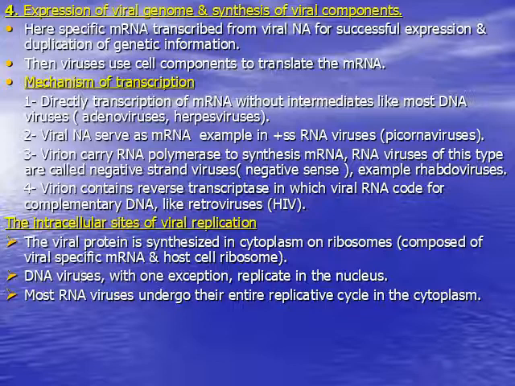Here, the nucleic acid of the virus is positive sense, that is to say it's 5 prime to 3 prime. The reading frame of the genome of these viruses is like the reading frame of the messenger RNA of the cell, so it's called positive sense nucleic acid.